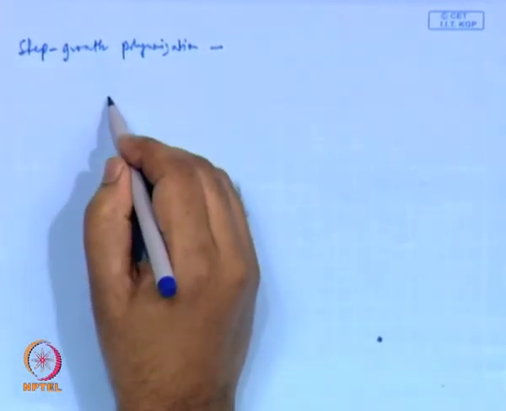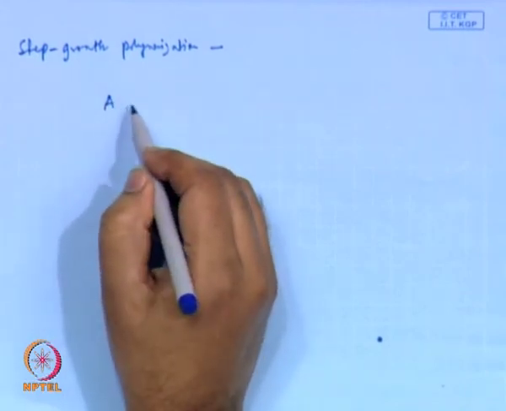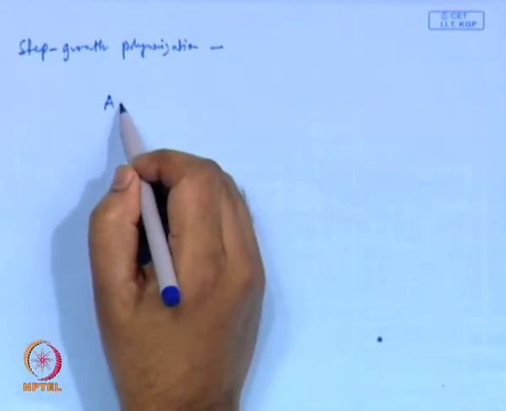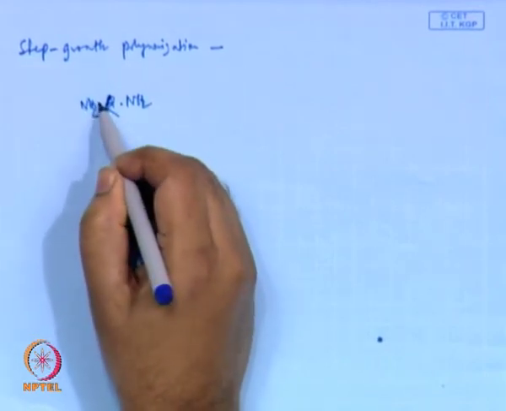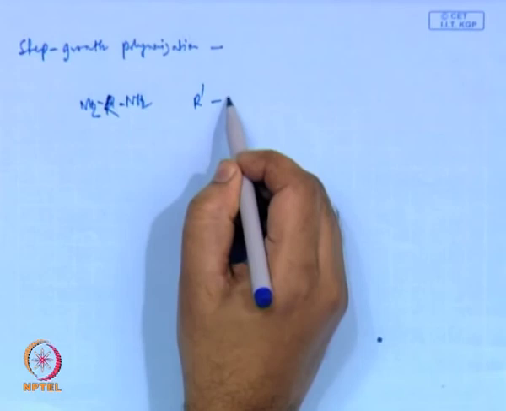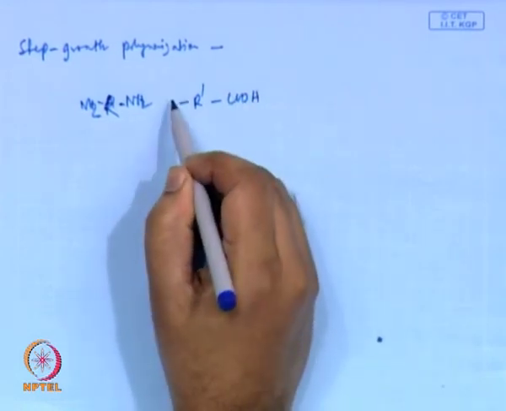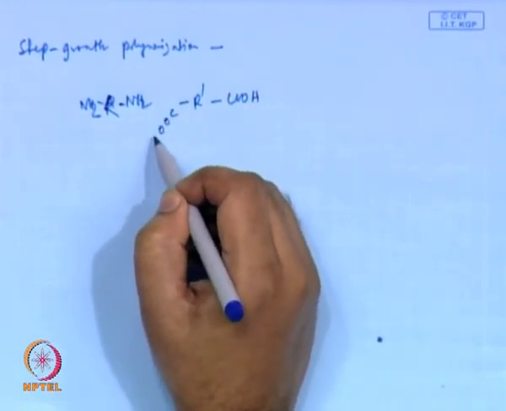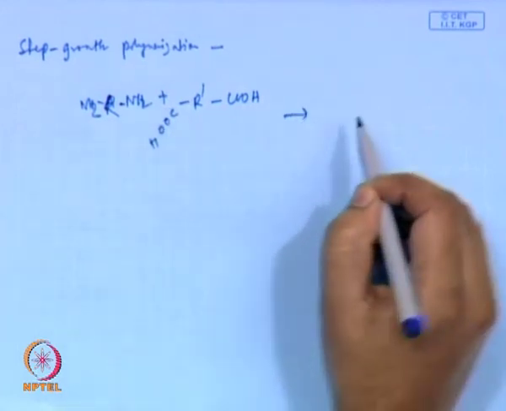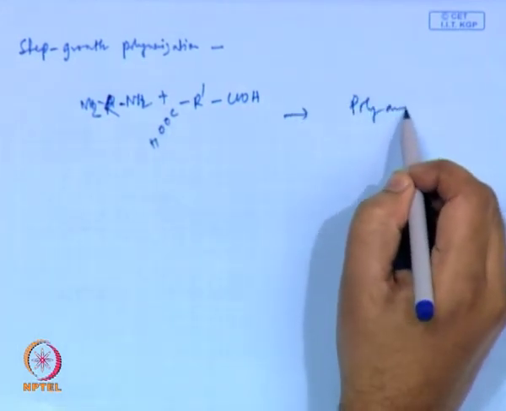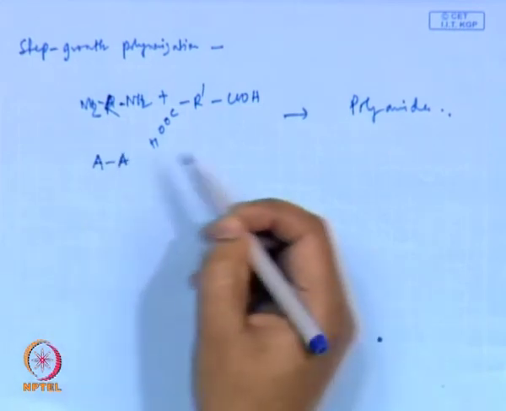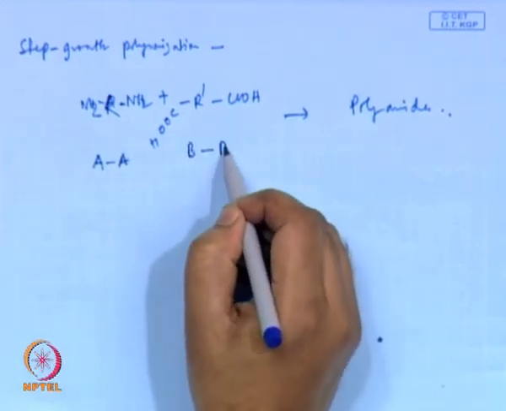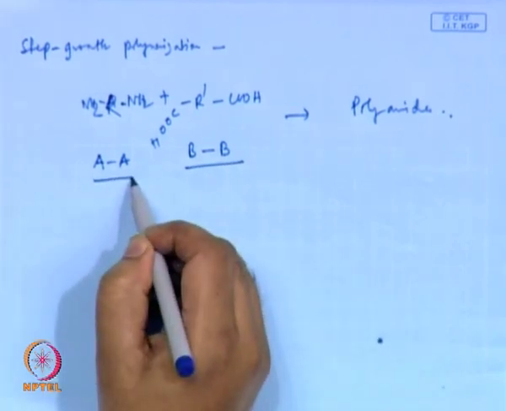Now, say I take a monomer RNH2 and R dash COOH, forming polyamides. I write this as AA and this as BB. This is diamine and this is diacid.